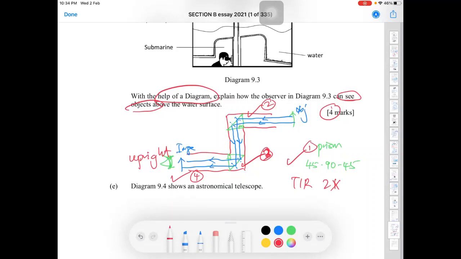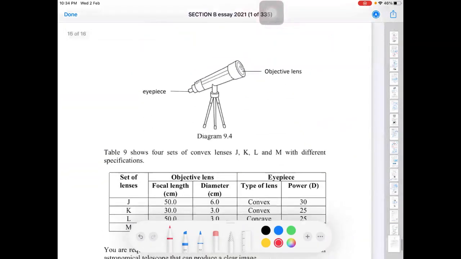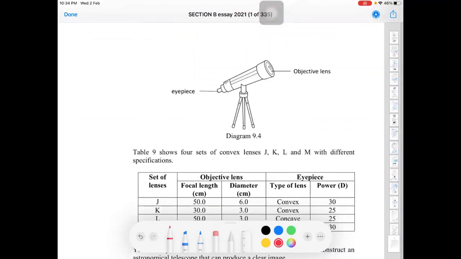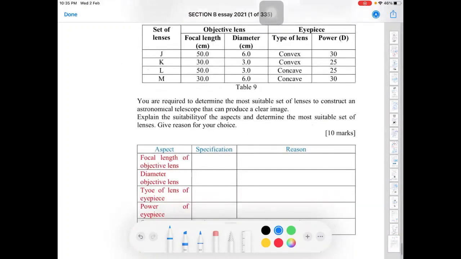Okay? Alright. Okay, telescope. Okay, so this is your telescope. Okay, so telescope pastikan you ada 2 objective lens and also eyepiece. Jadi bila you jawab mesti ada ni. Mesti sebut objective lens, eyepiece.